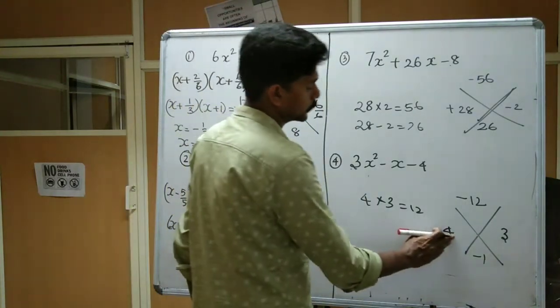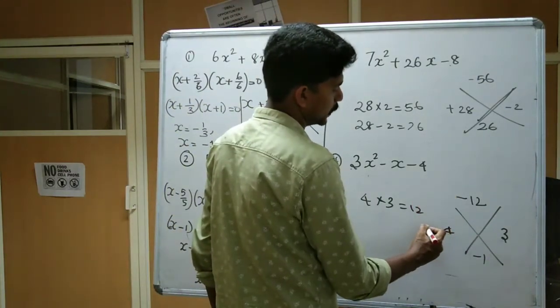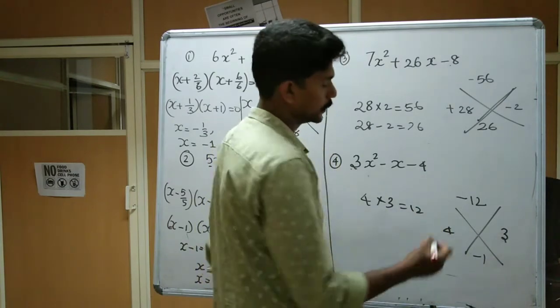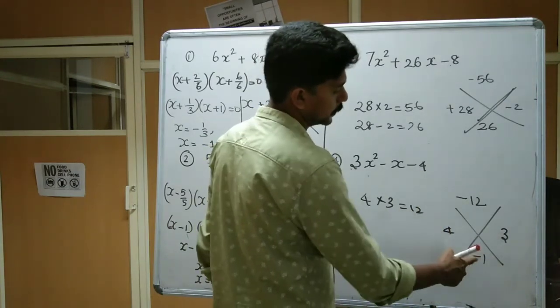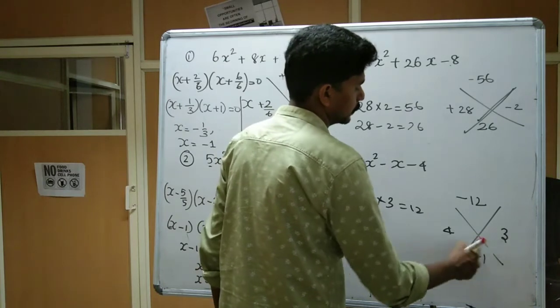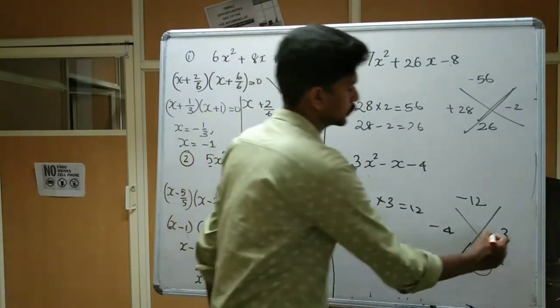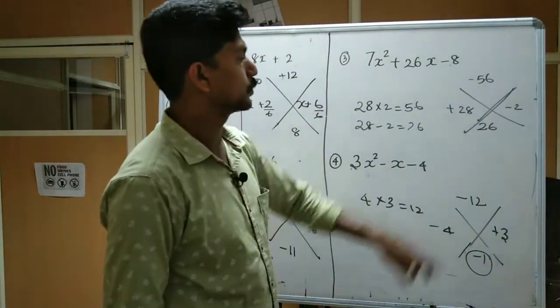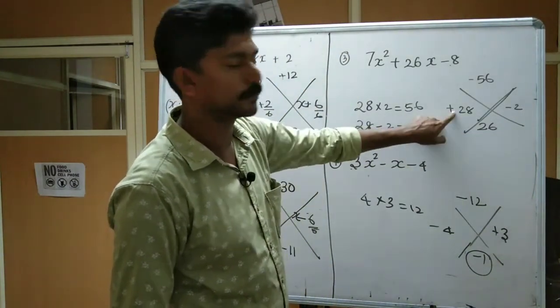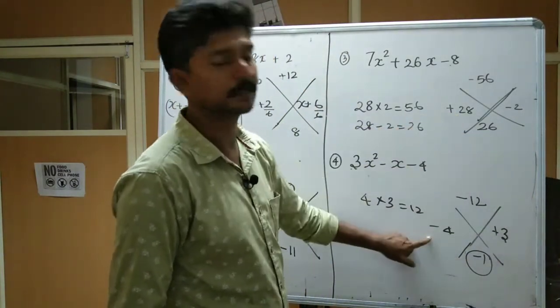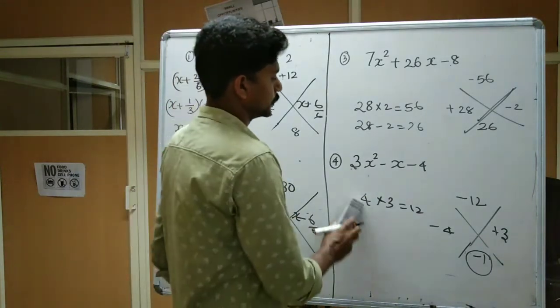Here the sum is negative, which means one is positive and the other is negative. Since the sum is negative, the greater number goes negative. Here it is positive, so if the sum is positive, the greater number will be positive. If the sum is negative, the greater number is negative.